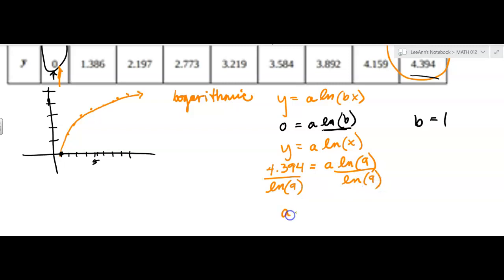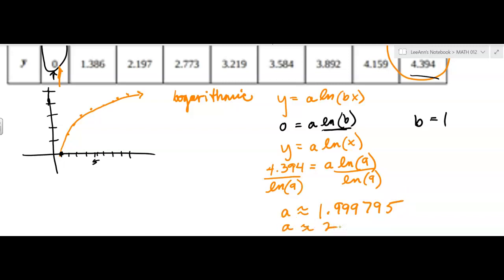And we're going to get A is approximately equal to, we'll put this in our calculator, 4.394 divided by natural log of 9. And it looks like it's about 1.999795, so about 2. A is about 2.